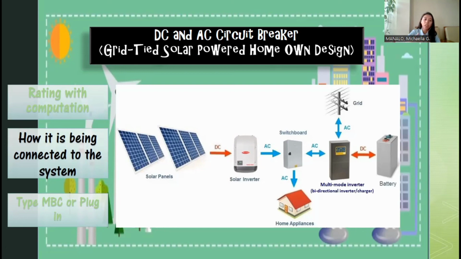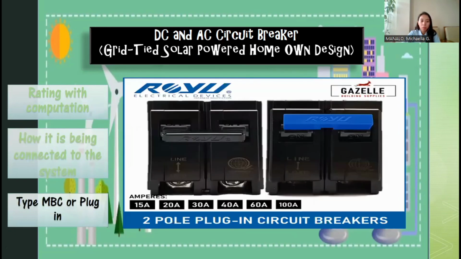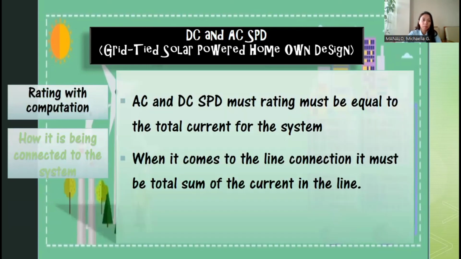While si alternating current ay meron siyang computed na allotted na ibabato sa system natin or sa ating mga bahay para magamit natin siya. So ito, familiar naman tayo sa Ruyo na brand na electrical devices. So ito yung kanyang plug-in. Plug-in yung gagamitin nating breaker kasi yun yung usually nakikita sa mga bahay dito sa Pilipinas.